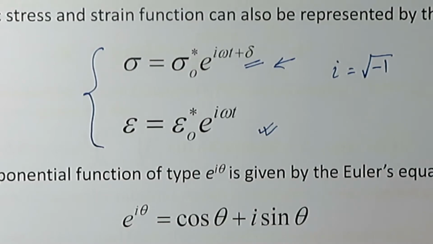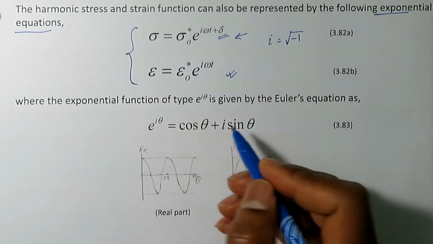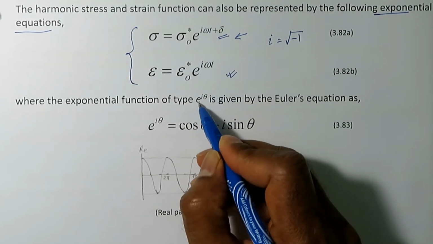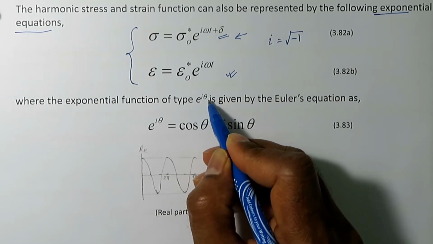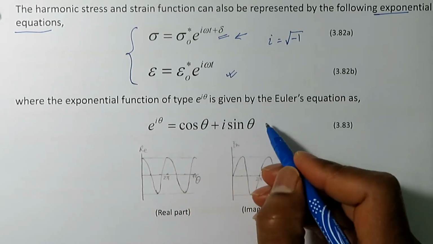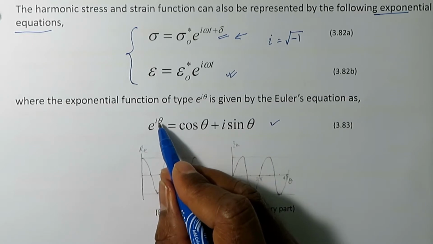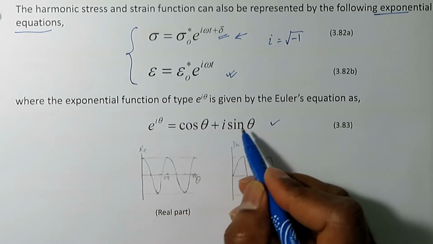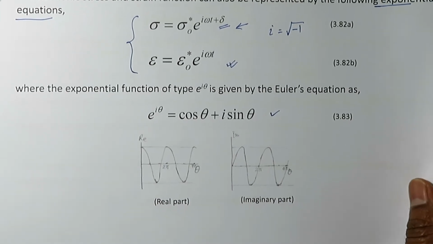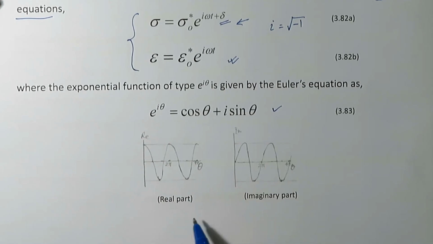of viscoelastic materials. So in this case this equation is possible because of e to the power i theta, and e to the power i theta is given by this equation, which is also known as Euler's equation. So e to the power i theta is equal to cos theta plus i sin theta. And if you look at the graphical representation of Euler's equation, it is given by these two.